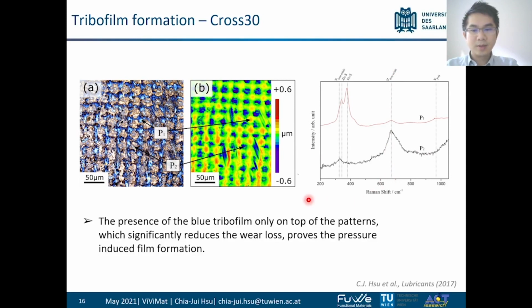So yes, we can see that the blue position on the top of the patterns is actually proved to be a ZDDP tribo layer by using Raman spectroscopy, and it is protecting the surface against further wear under the boundary lubrication.